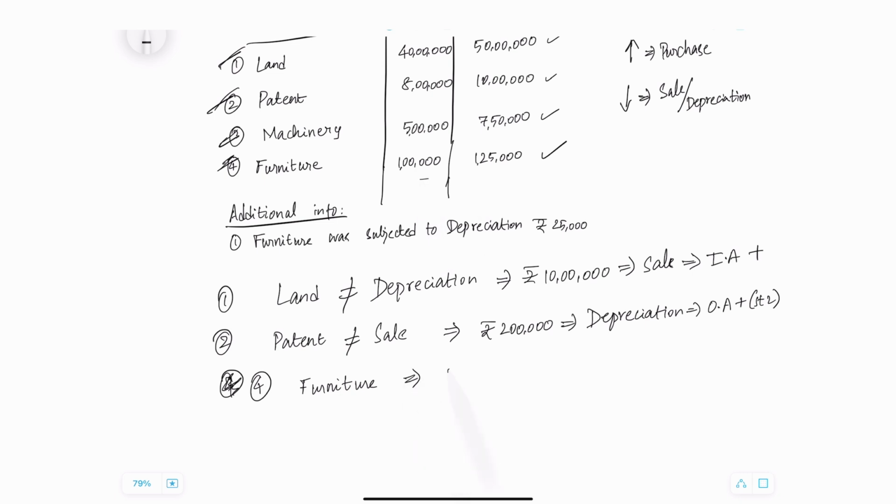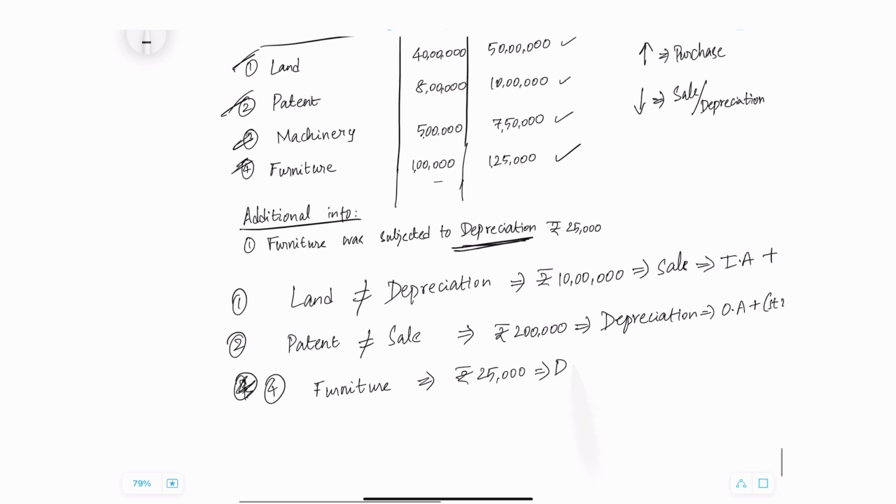Therefore, this decrease of 25,000 has to be treated as depreciation only because the question has said it. So you can't assume that as a sale. Therefore, this will also be added in operating activity, step number 2.